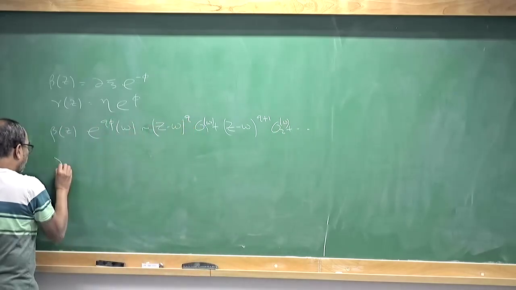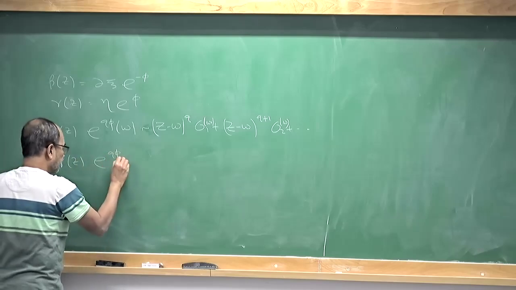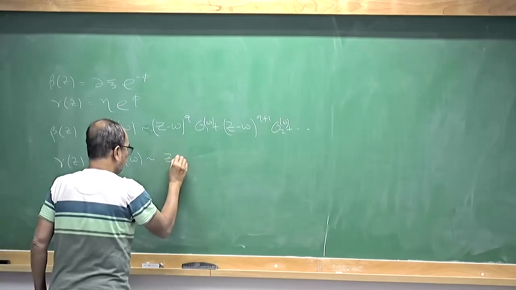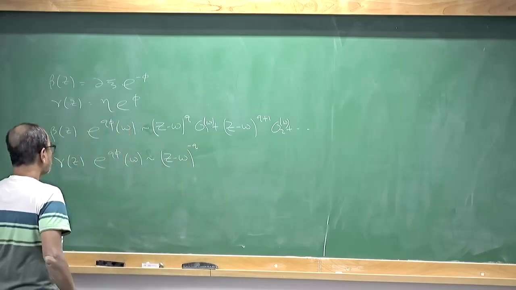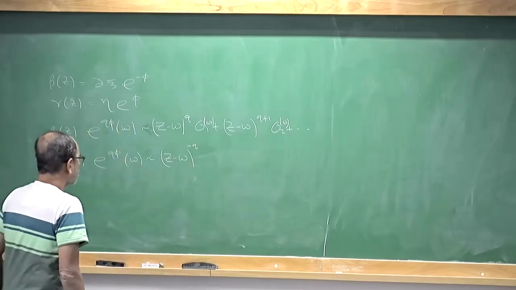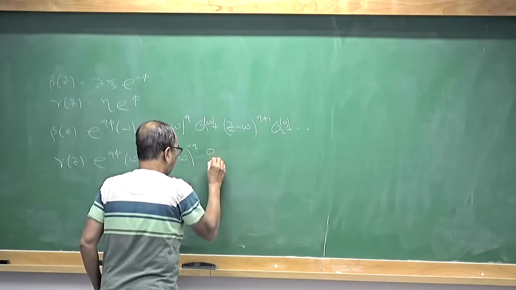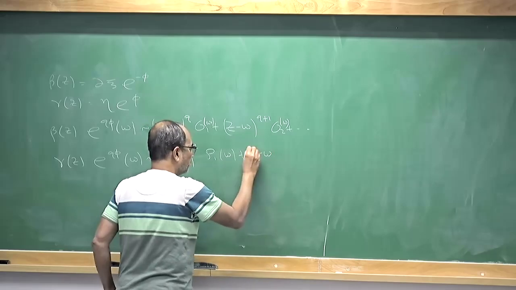And similarly, gamma of z times e to the q phi of w will be (z minus w) to the power minus q times some other operator. Let me call it P1 of w, plus (z minus w).